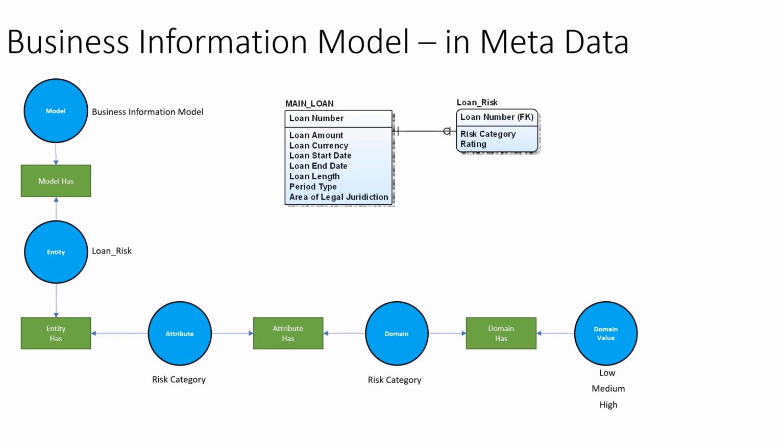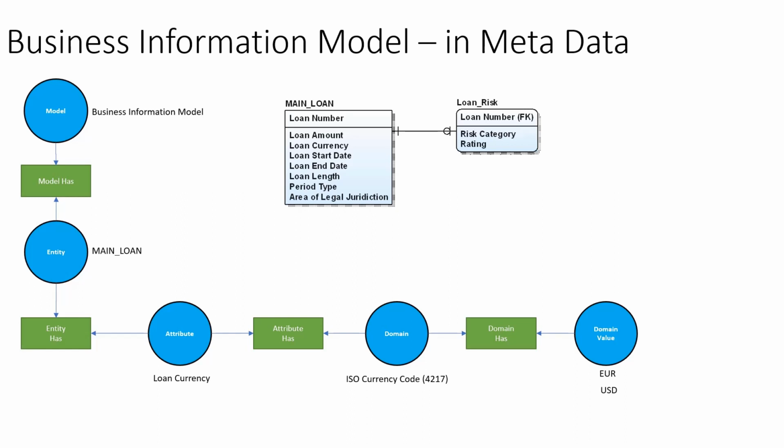Let's take another example. The entity main loan has an attribute called loan currency, and that attribute is using the domain ISO 4217 that represents ISO currency codes. And in the example, we show 2 different currency codes, Euro and USD.